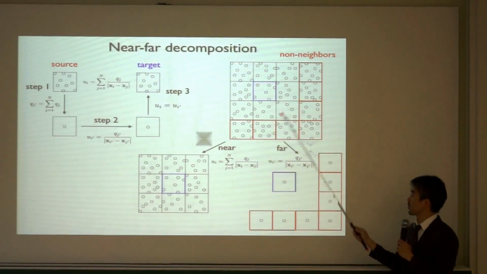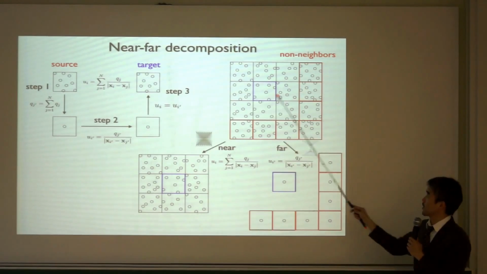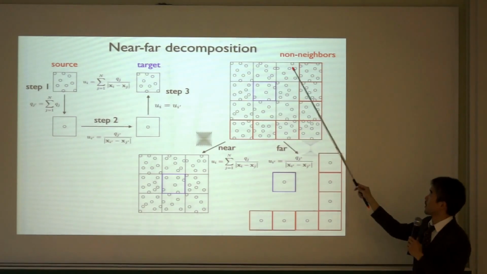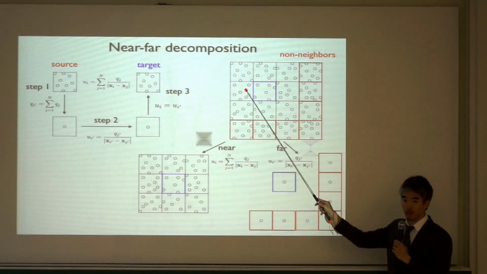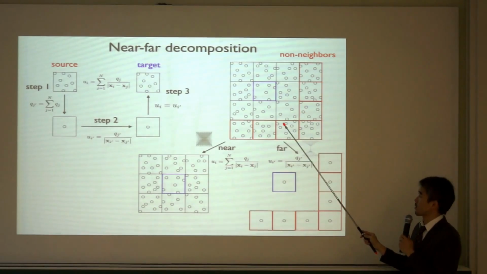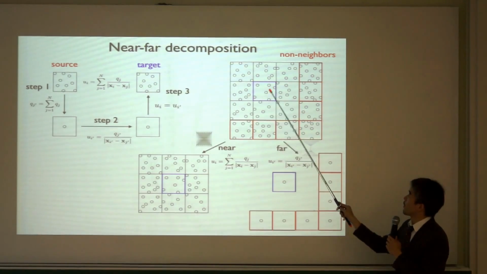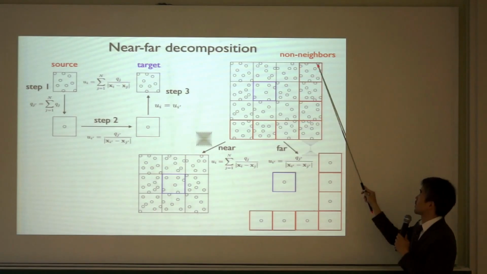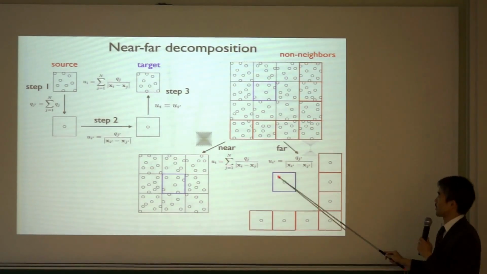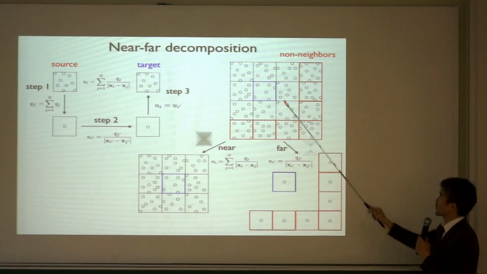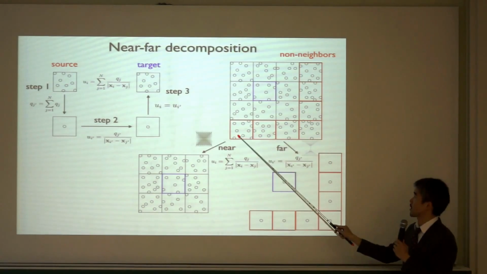What you need to do is divide the domain into these small boxes, and then figure out how to calculate which box against which box.